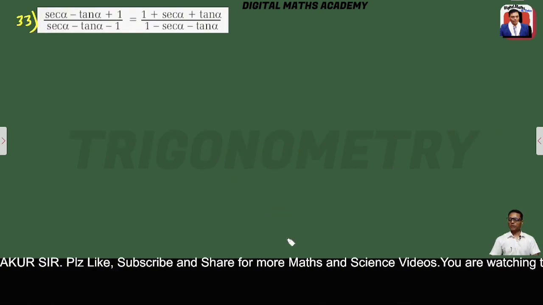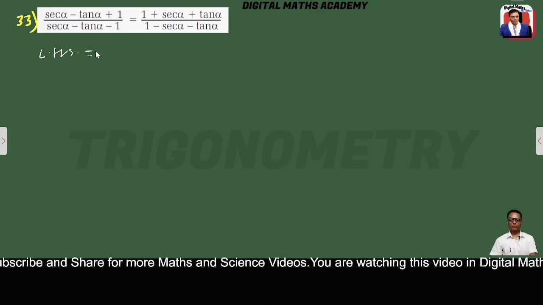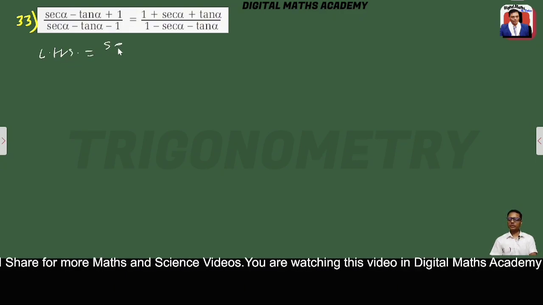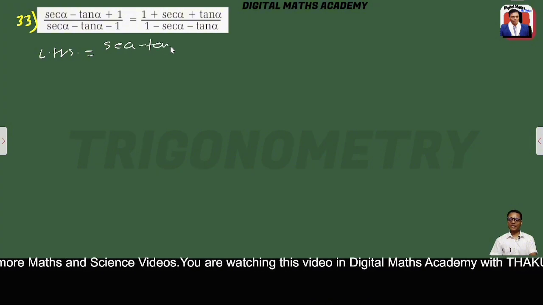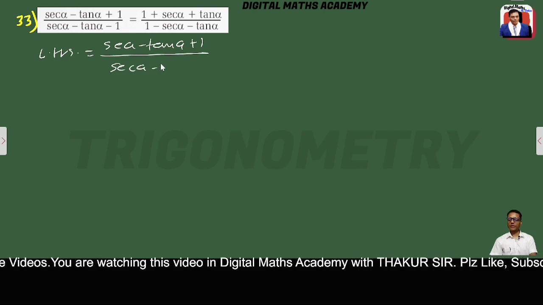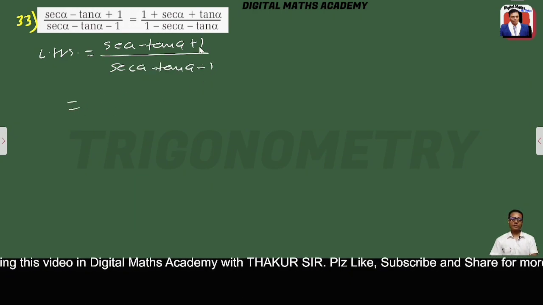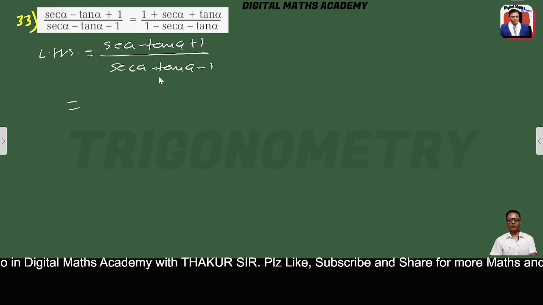Number 33. So we are going to choose the left hand side here. We can choose the right side also. Same. So sec α minus tan α plus 1 over sec α minus tan α minus 1. So here at the place of 1 we write sec² minus tan² up also and down also.